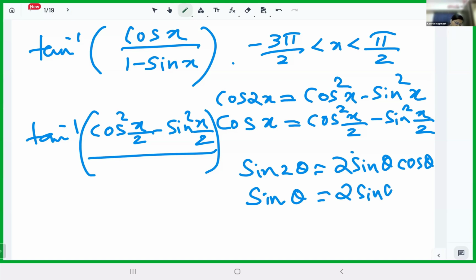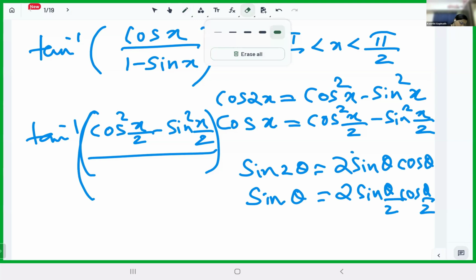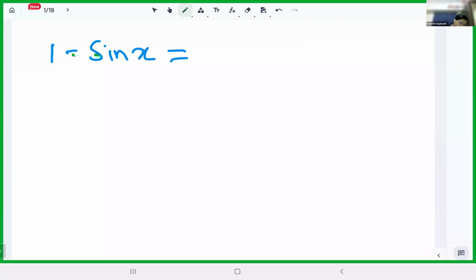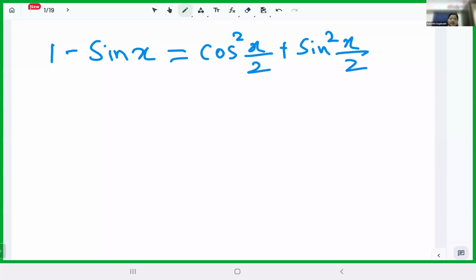Right. So I'm writing this 1 minus sin x on a separate page. That is 1 minus sin x. I'm going to write this as cos square x by 2 plus sin square x by 2. That is, 1 can be written as cos square x by 2 plus sin square x by 2.